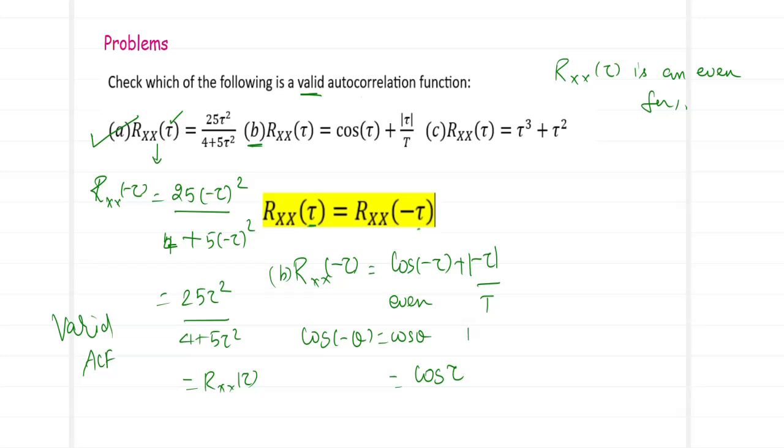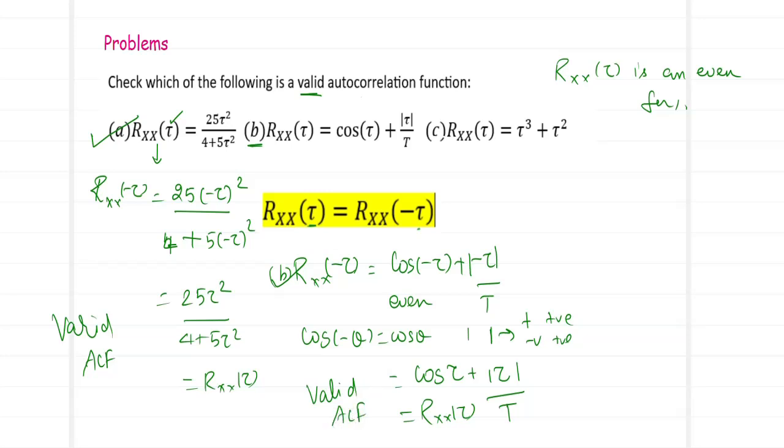Modulus converts a positive as positive and a negative as positive. So when I put anything inside modulus, it again gives me the positive data. So you will have divided by t, which is the same as my Rxx of tau. So the second one is also a valid autocorrelation function.